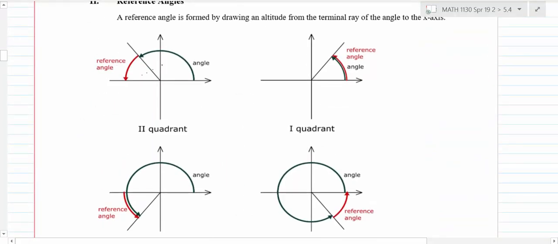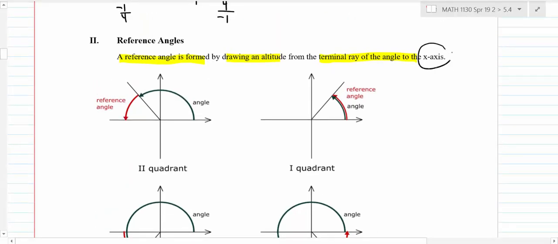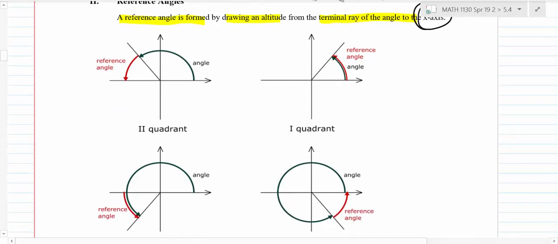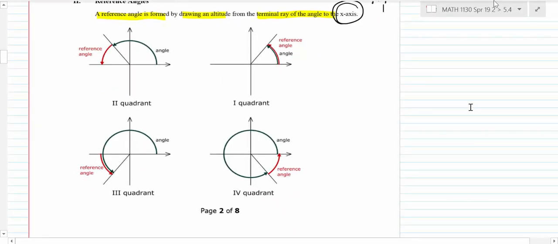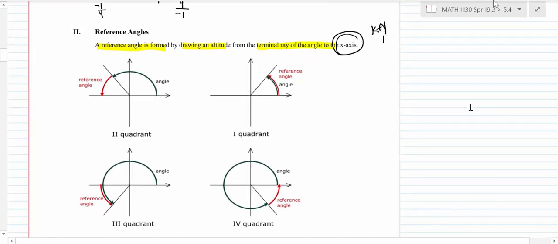So first of all, I'm going to show you what we mean by a reference angle. Reference angles are formed by drawing an altitude from the ray where the angle terminates to the x-axis. That's the key, is you go to the x-axis. All right, so this diagram shows that pretty well, I think. And then I'll begin on the next page to kind of show you what we're doing with this.